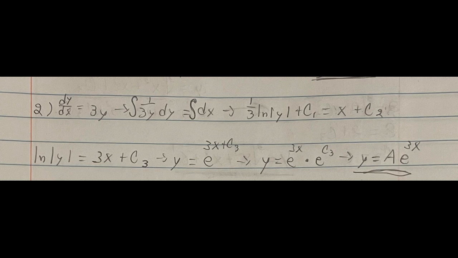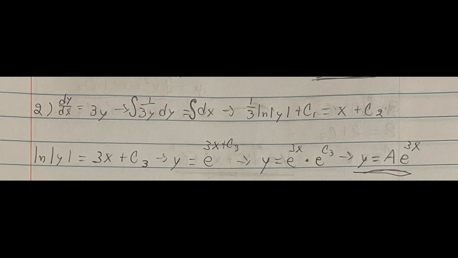Okay. So first I moved the 3y to the left side and the dx to the right side to separate the variables and integrated both sides. Because of the right side, it's just a 1, so there was not much work in there. It's just x plus a constant labeled as C2.